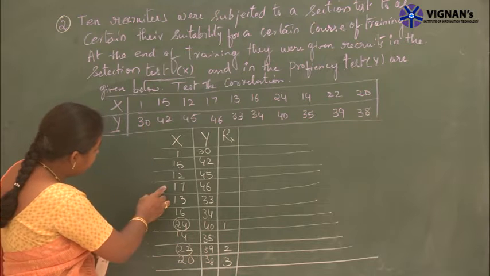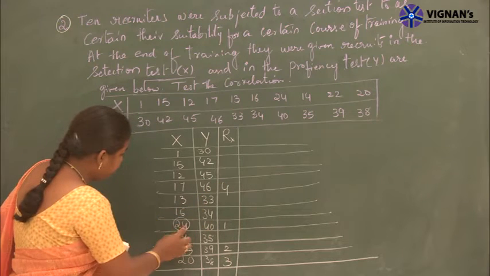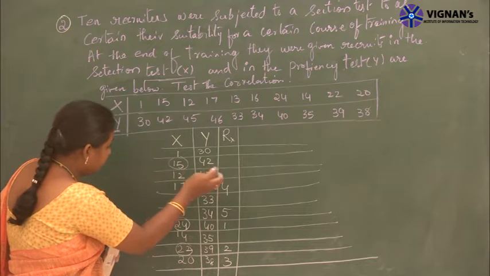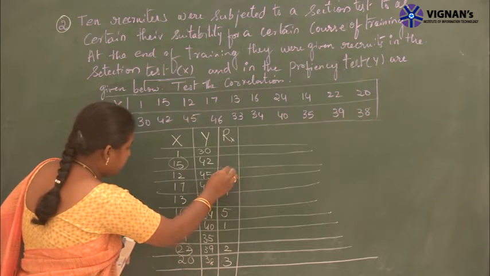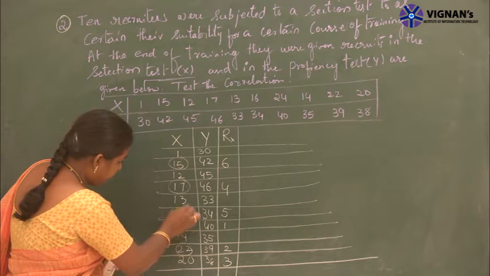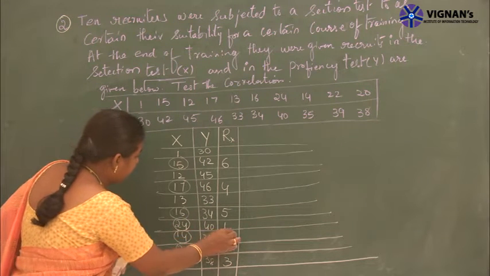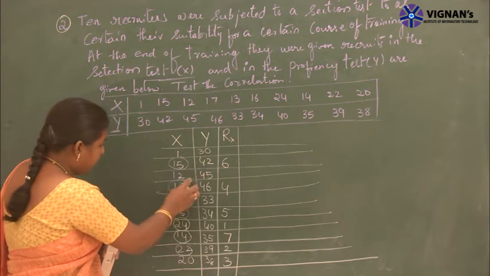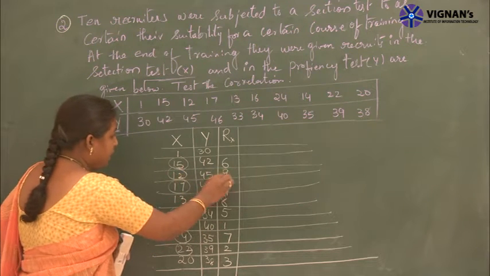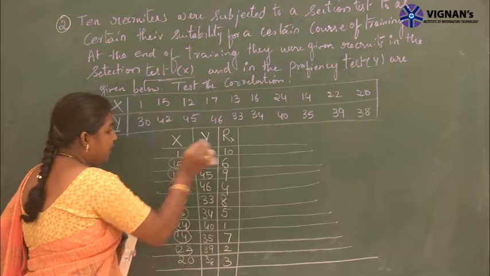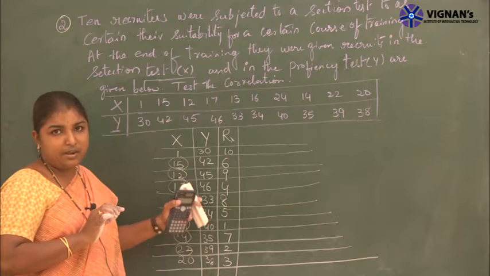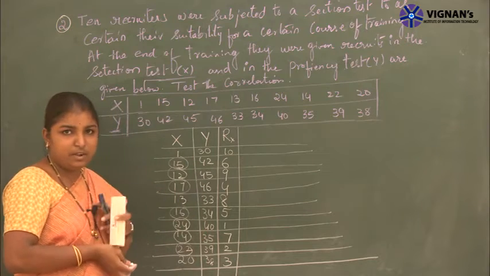Next is 17, rank 4. 16, rank 5. 15, rank 6. 14, rank 7. 13, rank 8. 12, rank 9, and for 1 we give rank 10. So the maximum value gets the starting rank, and correspondingly we give the others like this.